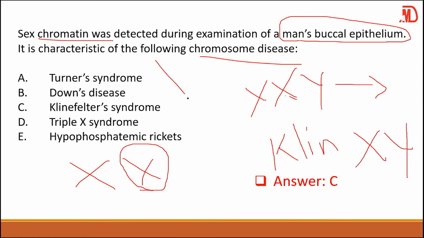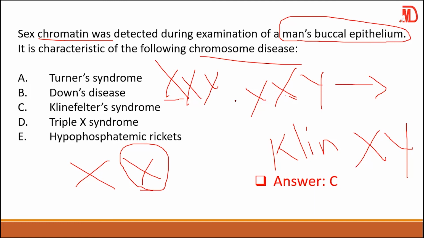Now imagine I give somebody XXX. How many Barr bodies are you talking about? Two, because every human being must have an active X chromosome. So any other X that is present is a Barr body. If you have triple X, that means you have 2 Barr bodies. As simple as that.